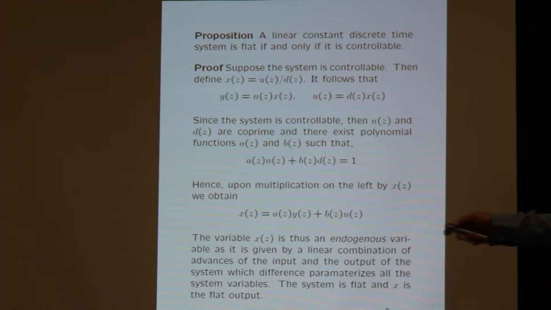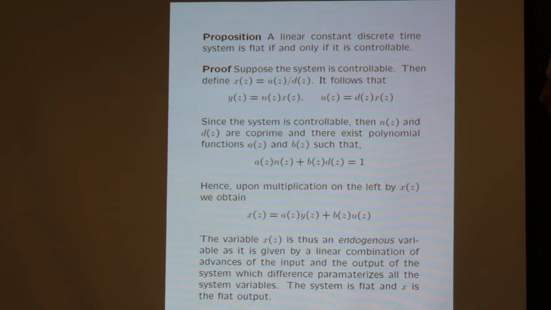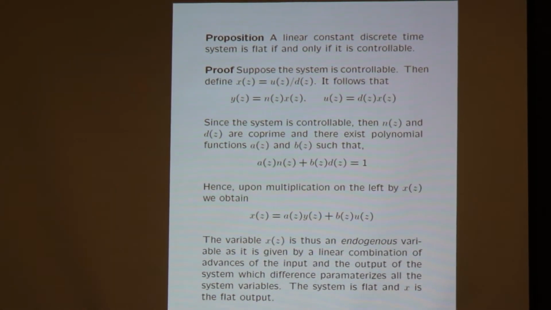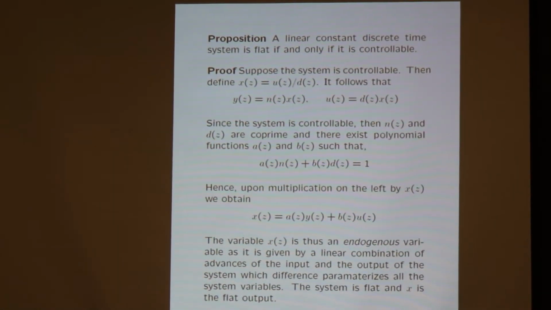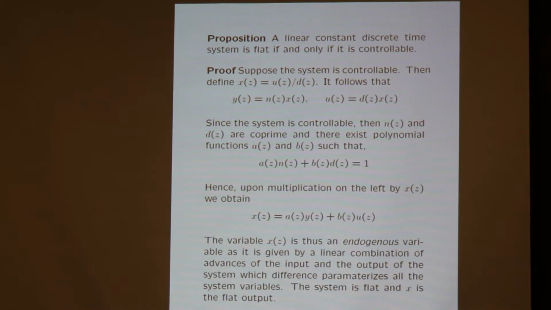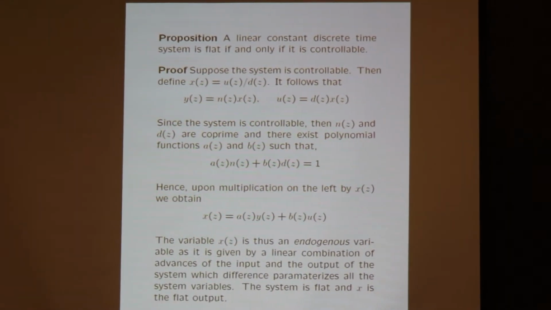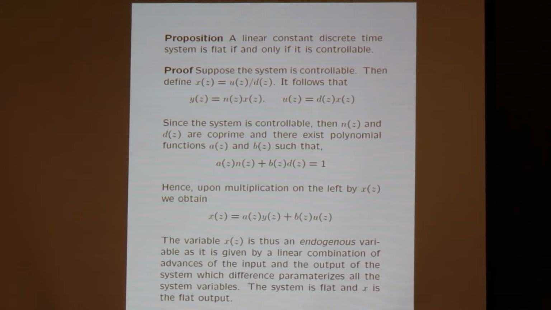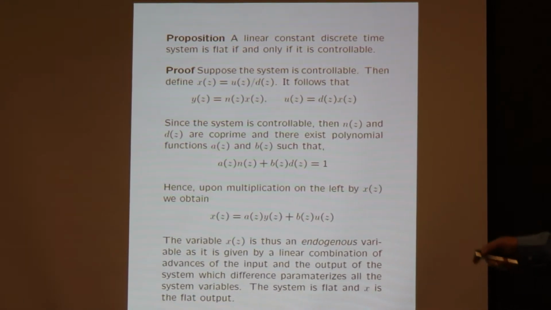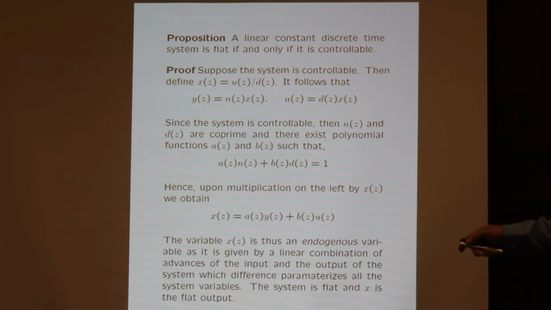Because these two polynomials are coprime, they don't have common factors except possibly the number 1, or a constant factor that just vanishes from the division, then the Bezout identity has to be satisfied for those two polynomials, in the sense that there exists a pair of polynomials a and b such that this sum and product is equal to 1.